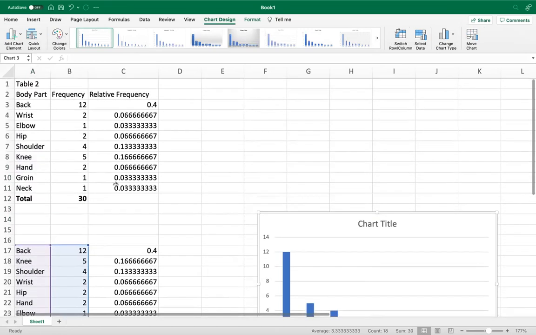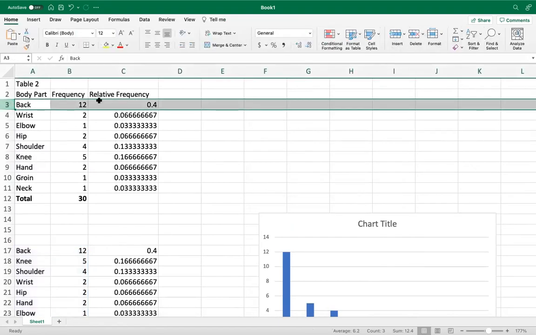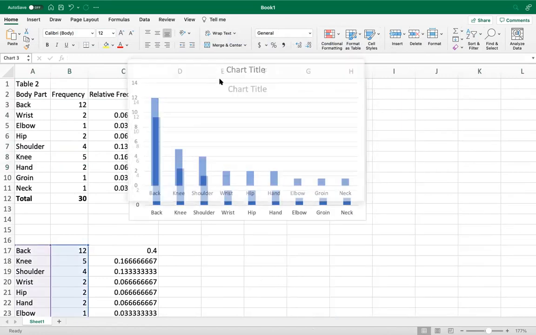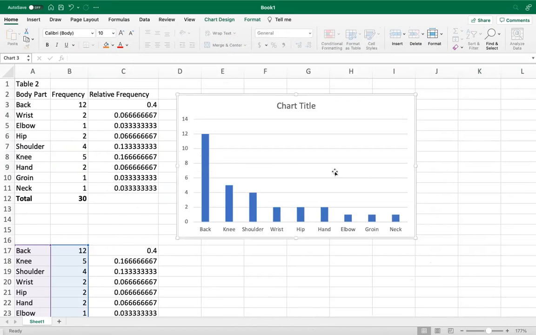Another way we could have done this is just put these in order. So the very first one was back, then the next highest one was knee, then shoulder, and then we have a 3-way tie for the next one. So 2, 2, 2, wrist, hip, and hand, and then the other ones are kind of left by themselves. So if you look at this here, what did they do?